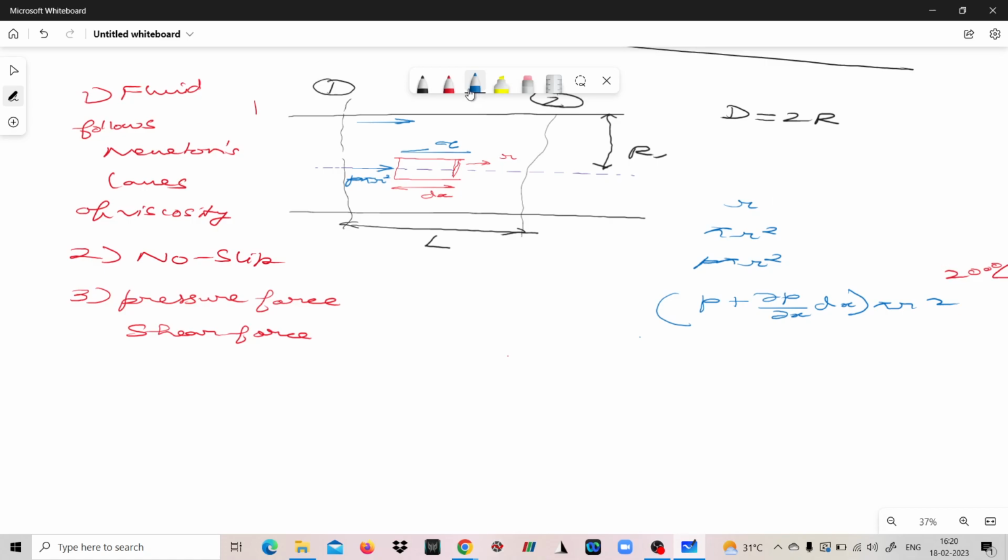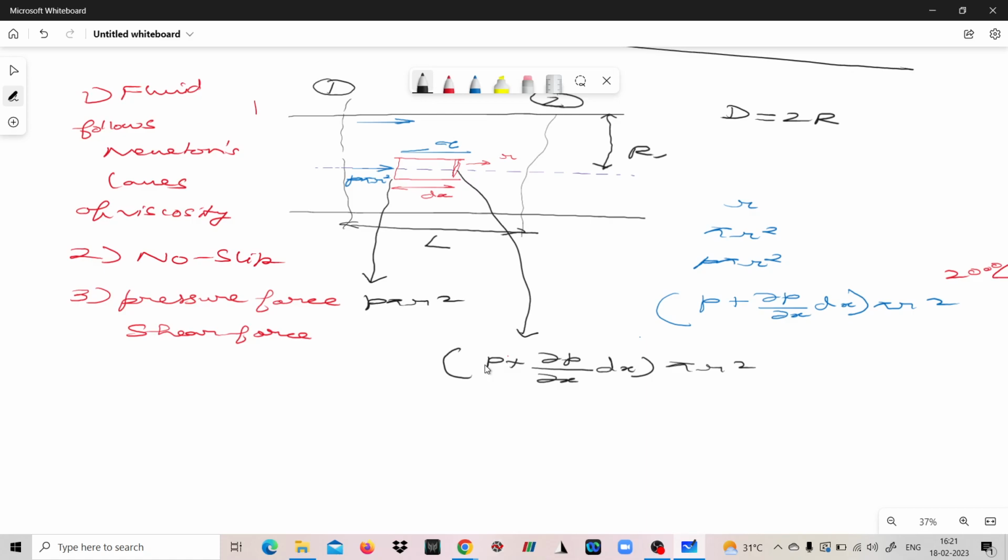So basically the idea is that the pressure force on this particular face is given by P pi r square, and on the other face it is given by P plus del P by del X dx, multiplied by pi r square.